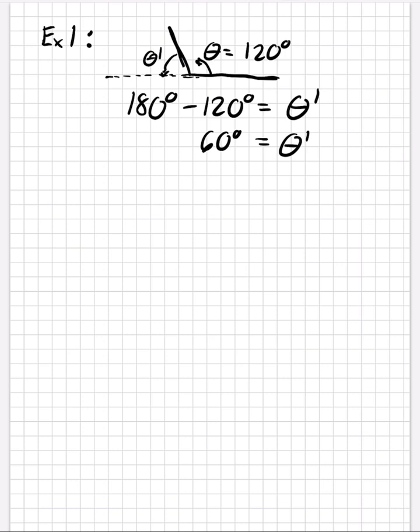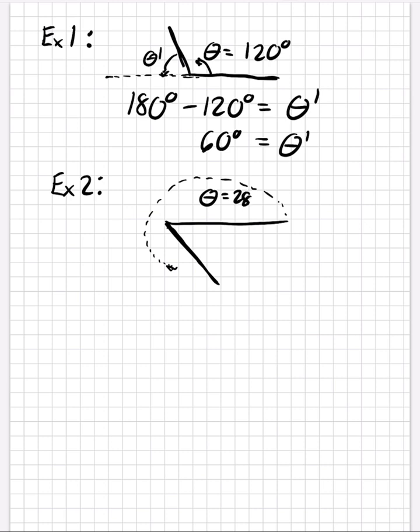So it is the angle that would be required to move that line onto the horizontal line. But let's do another example where maybe it's not 180 degrees, and let me show you that. Let's say that we have theta. We have our line here, and we went all the way around to here. We'll say that theta is equal to 280 degrees. So theta takes care of this part.